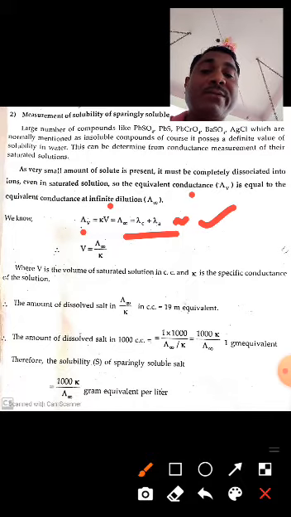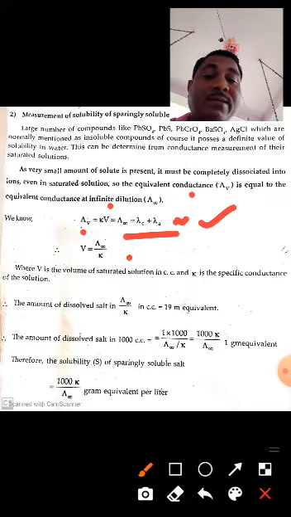From the above equation, the volume of the solution is equal to the equivalent conductance at infinite dilution divided by K, where K is kappa, the specific conductance, and V is the volume of the saturated solution in cubic centimeters.